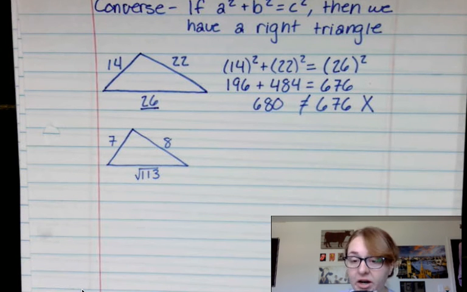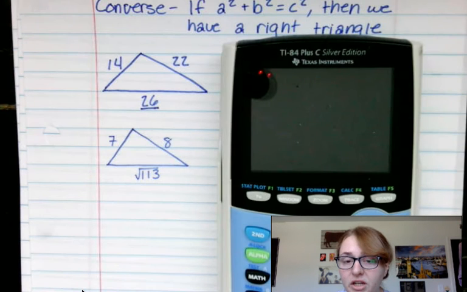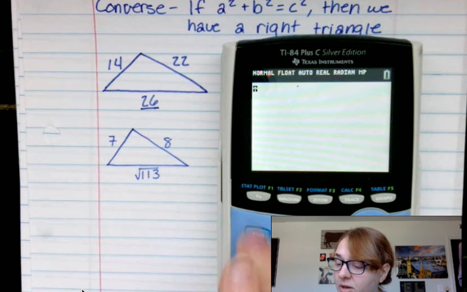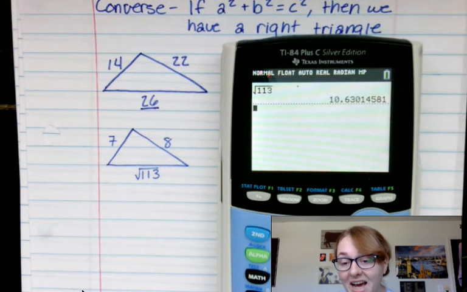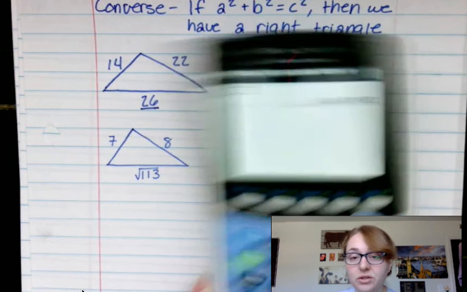So we're going to use our handy dandy calculator, and we're just going to plug that in. We can get a decimal approximation, and it says that the decimal approximation is 10.6, which is greater than 7 and 8. So that is going to be our hypotenuse.